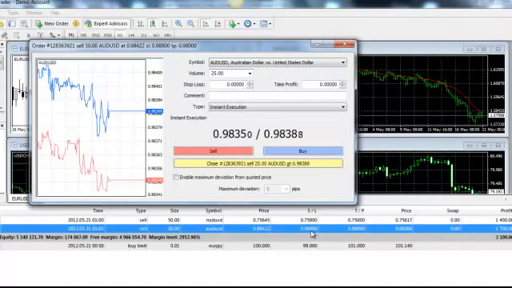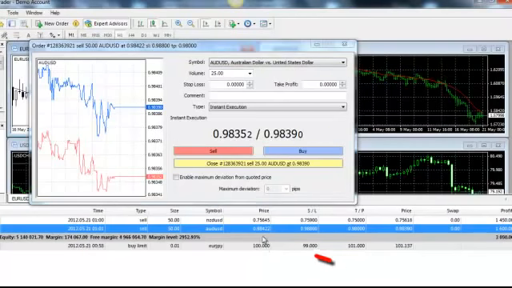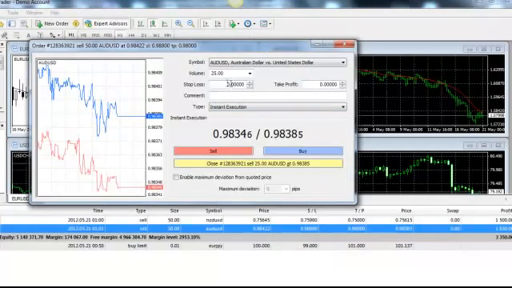We want to move our stop to break even or our open price on the remainder of the trade, just like it said in the email. Okay, so if our price right here, when it says price, this is our open price, which is 98.42. So we're going to move our stop loss to 0.9842. That's the exact price that we got into it.